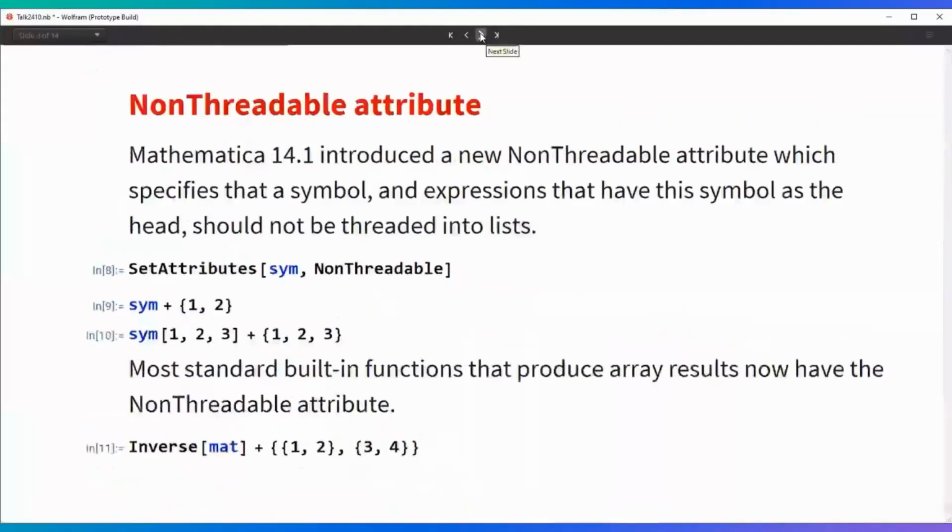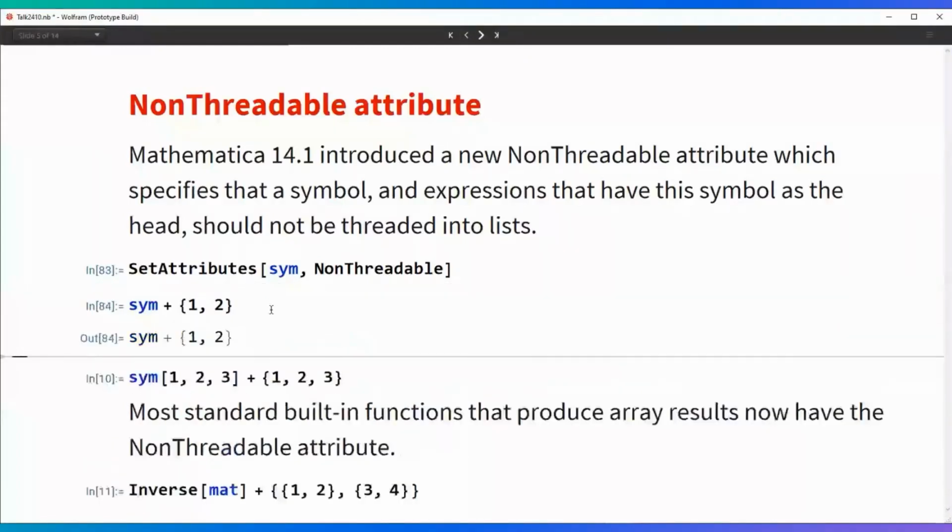So in Mathematica 14.1, we introduce a new NonThreadable attribute which specifies that a symbol, and expressions that have this symbol as the head, should not be threaded into lists. For instance, if we set the attributes of sim to NonThreadable and we add sim to the vector {1, 2}, it doesn't thread.